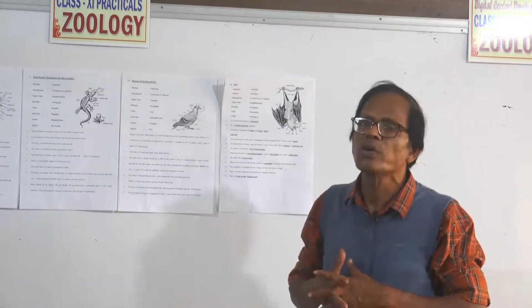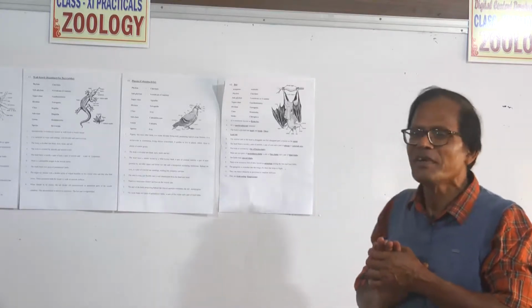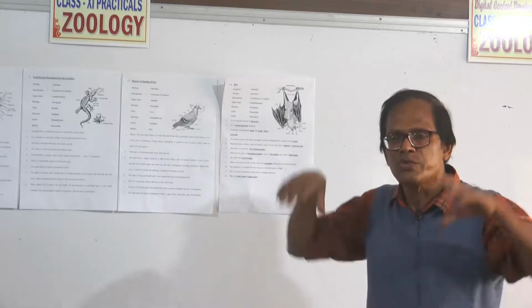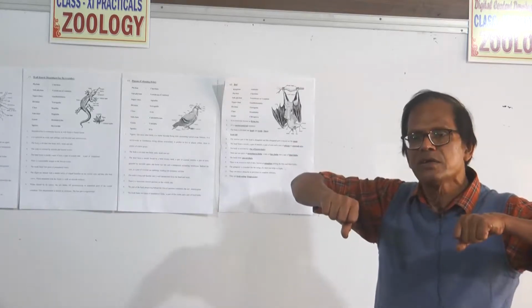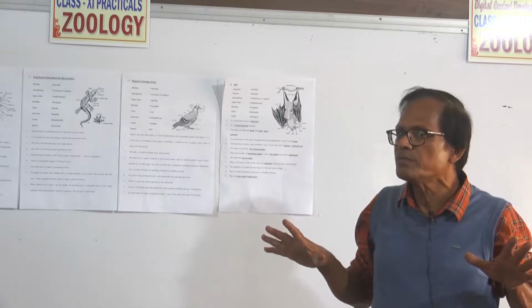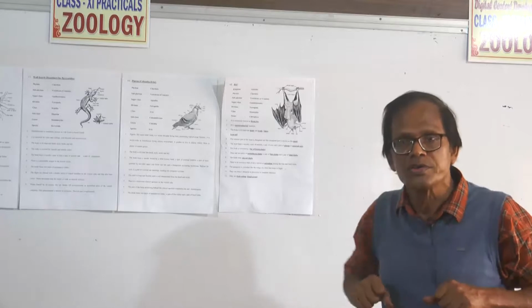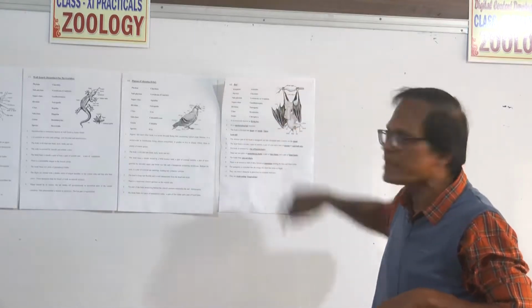It never falls down. Have you ever seen a bat falling down from the twig of a tree? No. It clings on to the twig so tightly, so safely that it doesn't fall down. This is possible due to the presence of long claws. Yes, the claws are present.